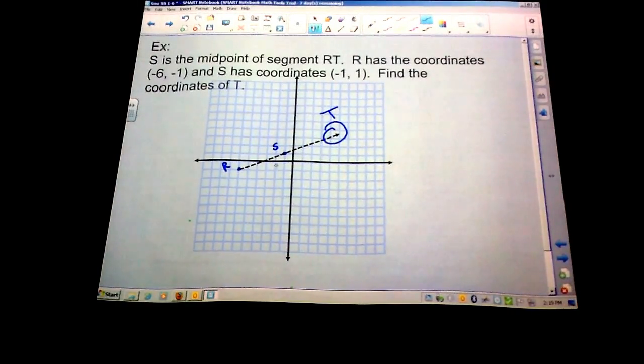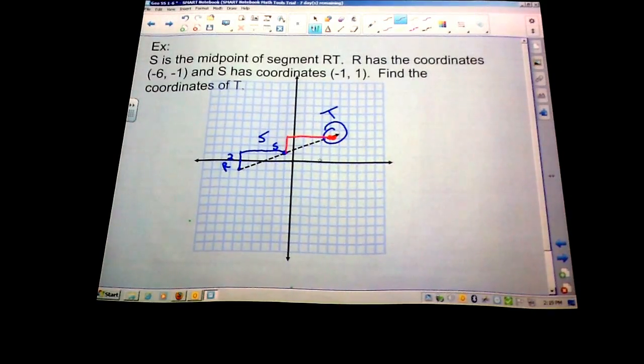Another shortcut to this is if I count my rise over my run to S, if I do that same rise over my run, I'll end up at T. For example, I go up 2 to be even with S, and then I go over 2, 3, 4, 5 to get to S. So that means from my midpoint, I must go up 2 and over 5, 1, 2, 3, 4, 5, in order to get to T, and then I can just look to see what its coordinates would be.